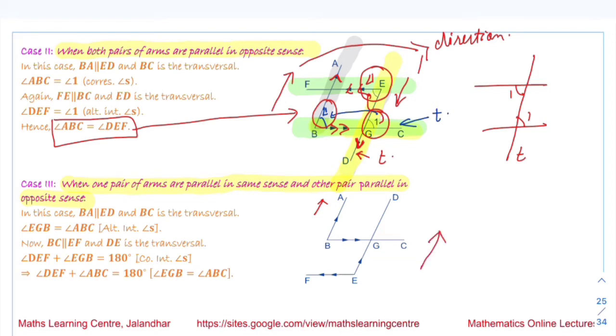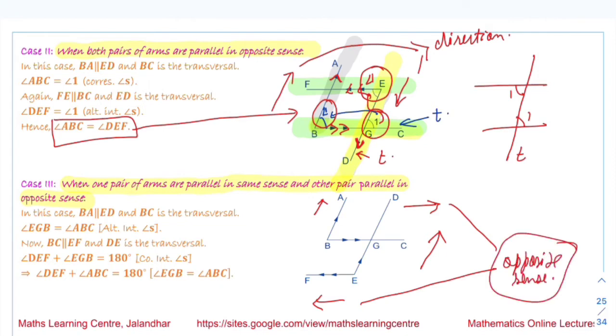Now the ray EF is towards the left, but the ray BC is towards the right. Because of this, one of the rays is in opposite sense. Opposite sense basically means we are talking about the direction of the ray.